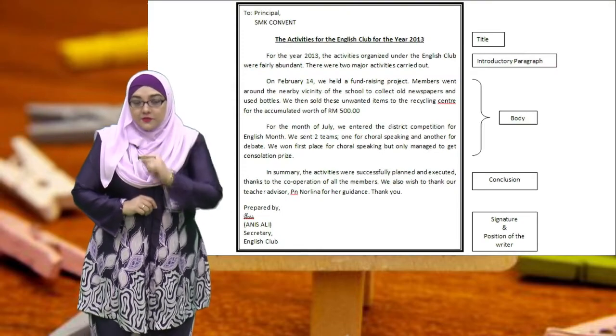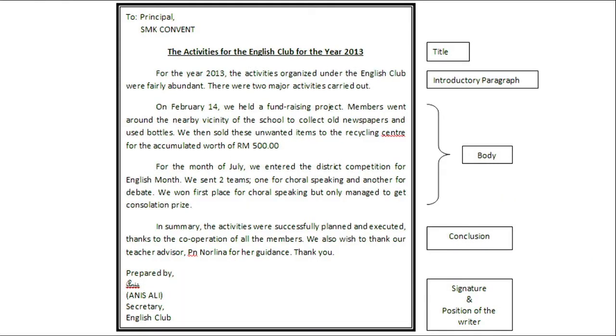But first, this is the format for report. Remember this? So for the report, you need to address the report to the principal, and then you need to write your school name, of course, and you need to put a title for your report so that your reader would know what you are trying to tell them. And then for normal essay, normally you would have introductory paragraphs, and of course the body of the essay, and lastly you need to have the concluding paragraph.